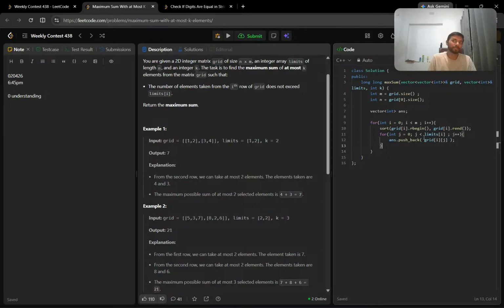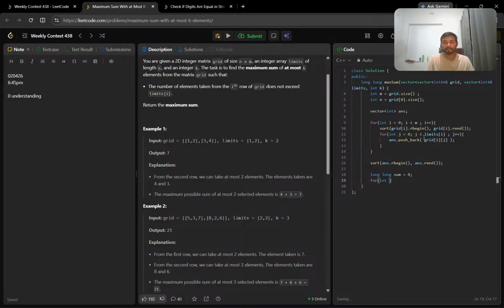Once all elements are pushed, then sort it, like reverse sort. Answer dot rbegin, answer dot rend, and then long sum.